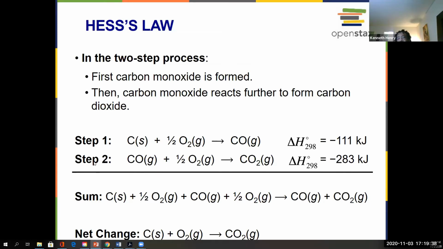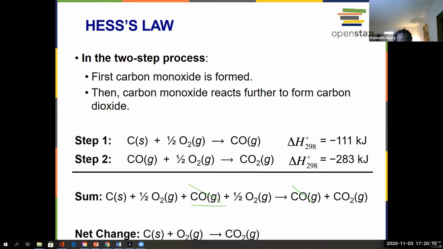In this case, we'd add the sum of both of the chemical equations. So you guys see we'll have carbon, 1/2 oxygen, carbon monoxide, another 1/2 of oxygen. And then on the product side, we have carbon monoxide and carbon dioxide. Anytime you have a chemical on both sides of the chemical equation that are exactly the same, they cancel out like spectators.